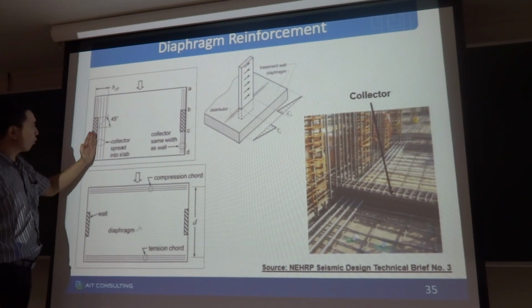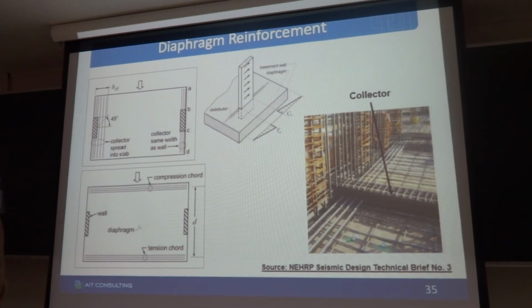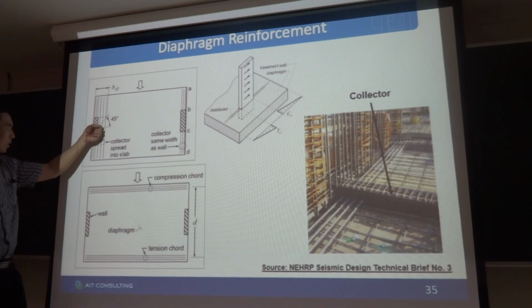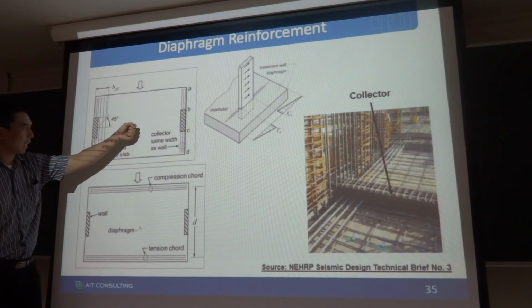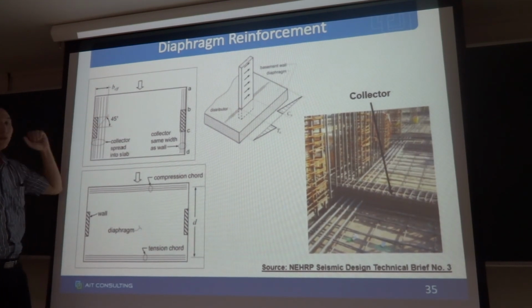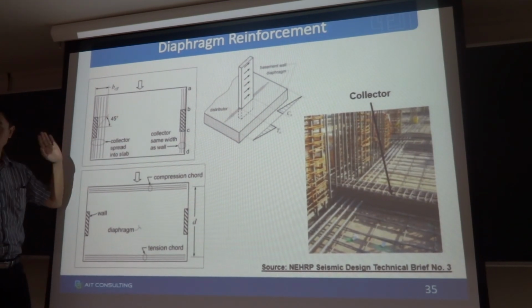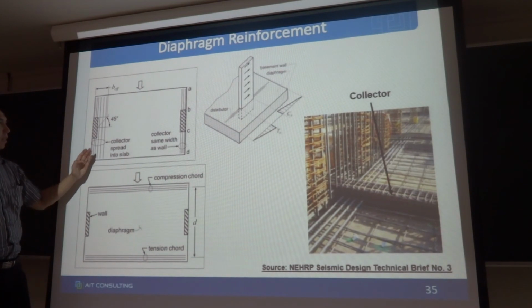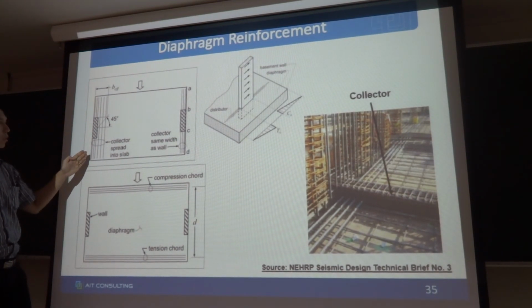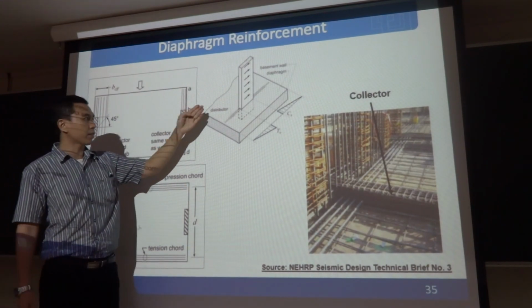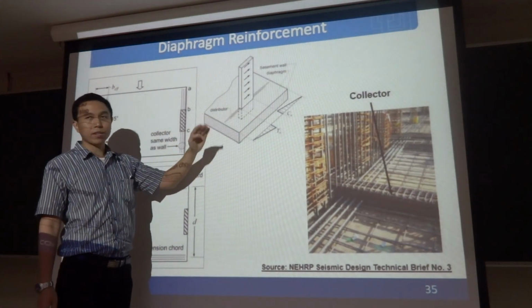So we call these reinforcement collector bars, because these bars collect the inertial force from the slab and transfer it to the wall. This is at the tower level, and then the wall will carry the lateral forces and start transferring at the ground level.